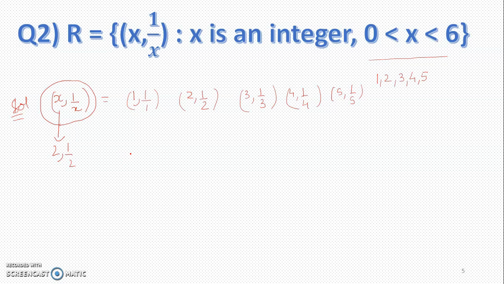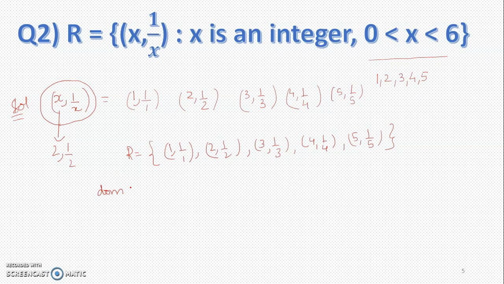Now simply you write the set. R is equal to 1 comma 1, then 2 comma 1 by 2, then 3 comma 1 by 3, then 4 comma 1 by 4, then 5 comma 1 by 5. So this is your relation R, but this is not the answer, because we have to find domain and range.